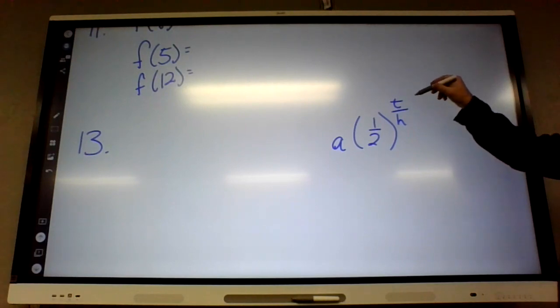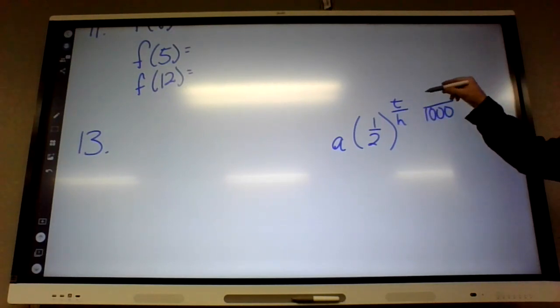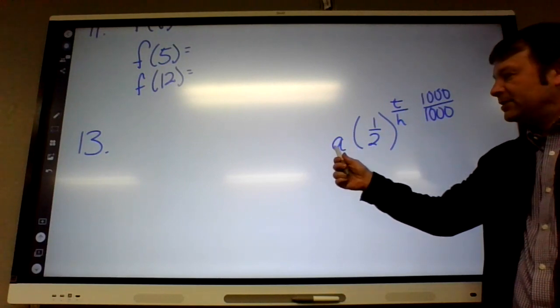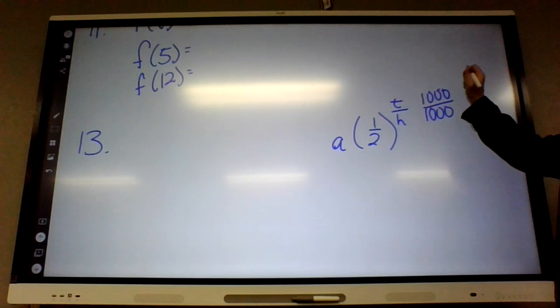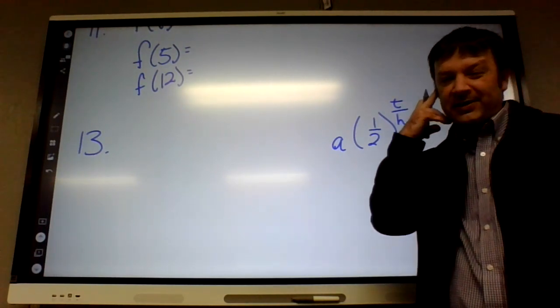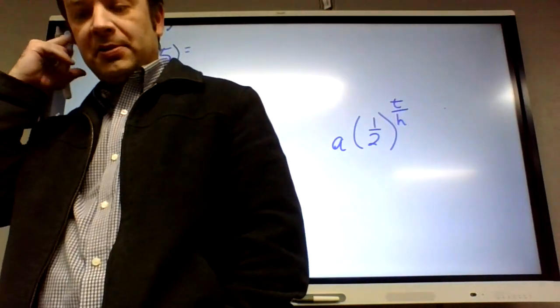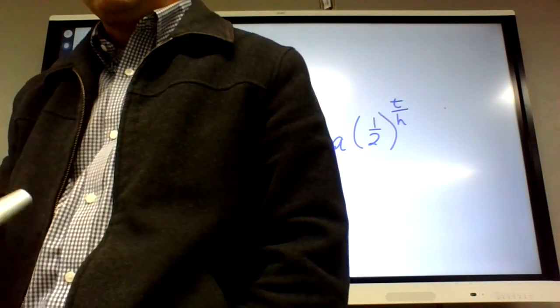Because if the half-life is, let's say, 1,000, you need the time to get up to 1,000 before you would take half of whatever the amount was. Anyway, this is the formula. Only number 13 is like this, so you'll have to relearn it when you take chemistry again, I guess. It's not a terribly complex formula. It's just slightly different than what we've been doing.